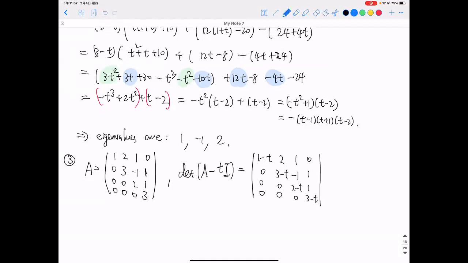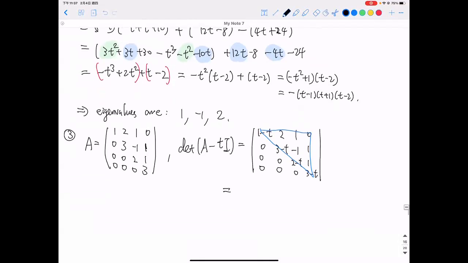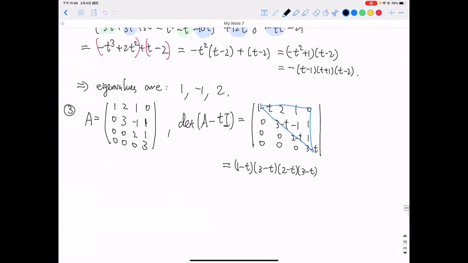And now the point is that the matrix we are looking at is upper triangular. So the determinant is simply the product of the diagonal entry like that.